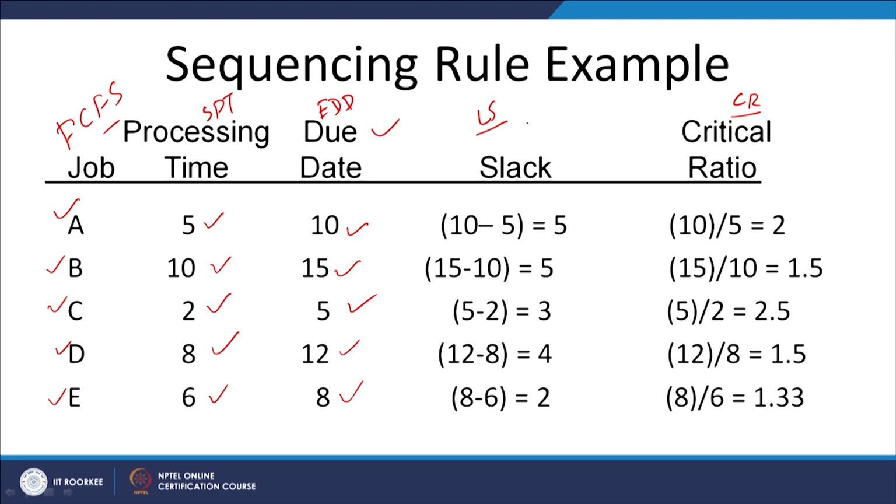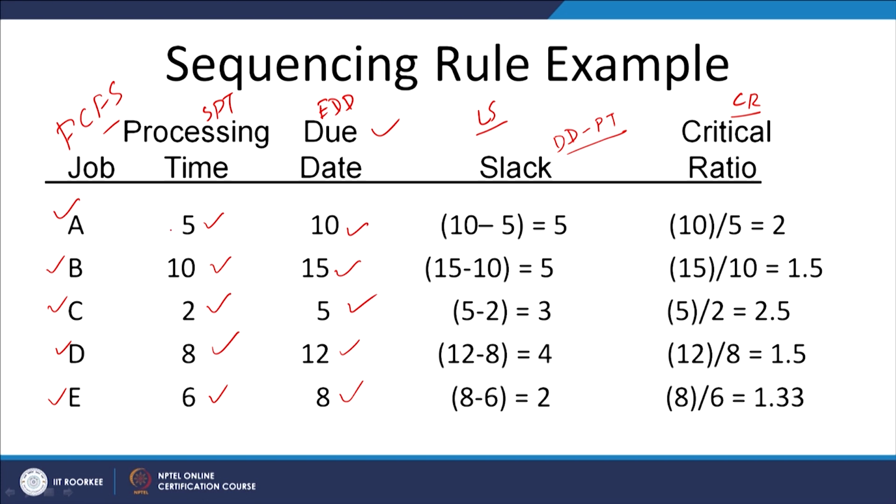but to calculate the slackness, what we have to do is use the processing time and the due date. The difference of the due date and the processing time gives us the slackness.